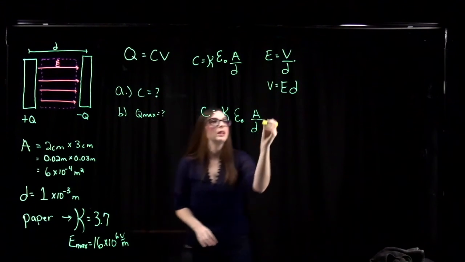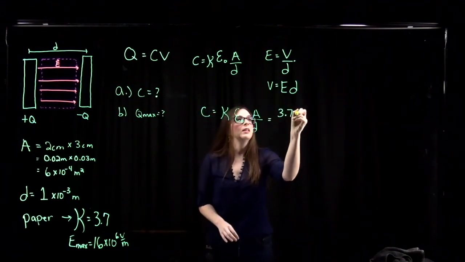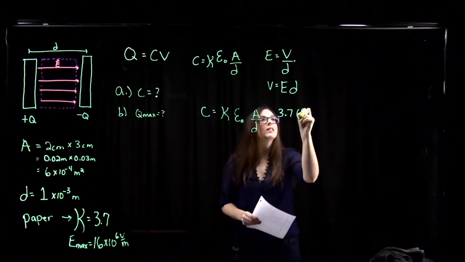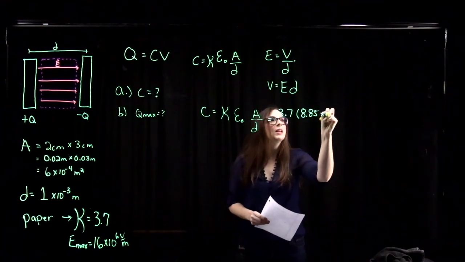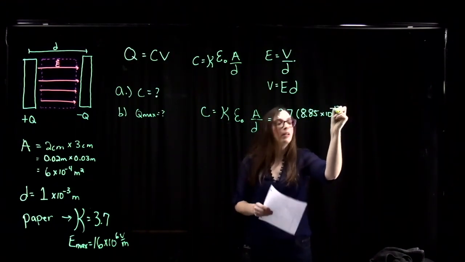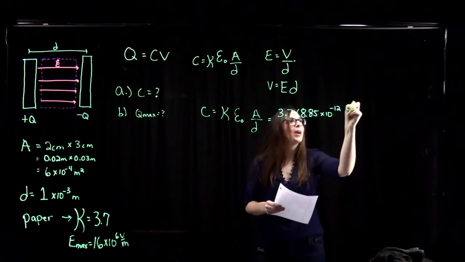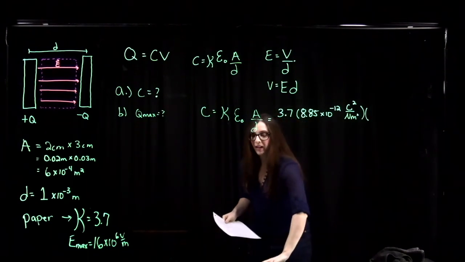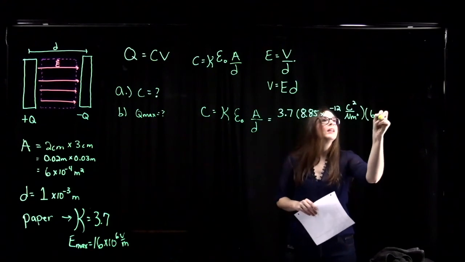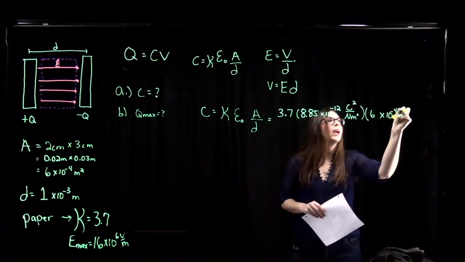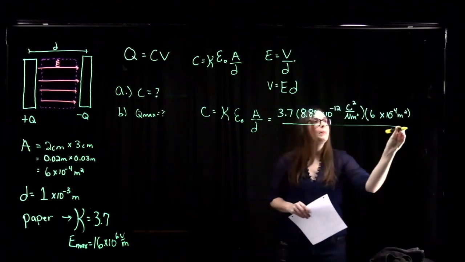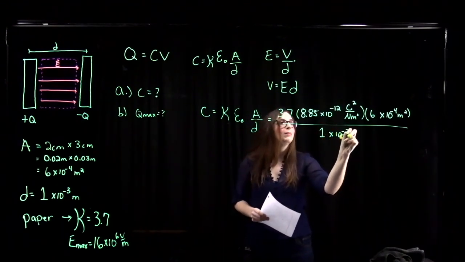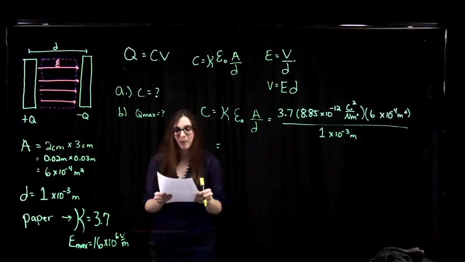So this is going to equal 3.7 times our permittivity of free space, 8.85 times 10 to the minus 12 coulombs squared over Newton meters squared, and then we multiply it times the area of the plates, which we saw was 6 times 10 to the minus 4 meters squared. And then we divide that by the distance between our plates, which was 1 millimeter, 1 times 10 to the minus 3 meters.